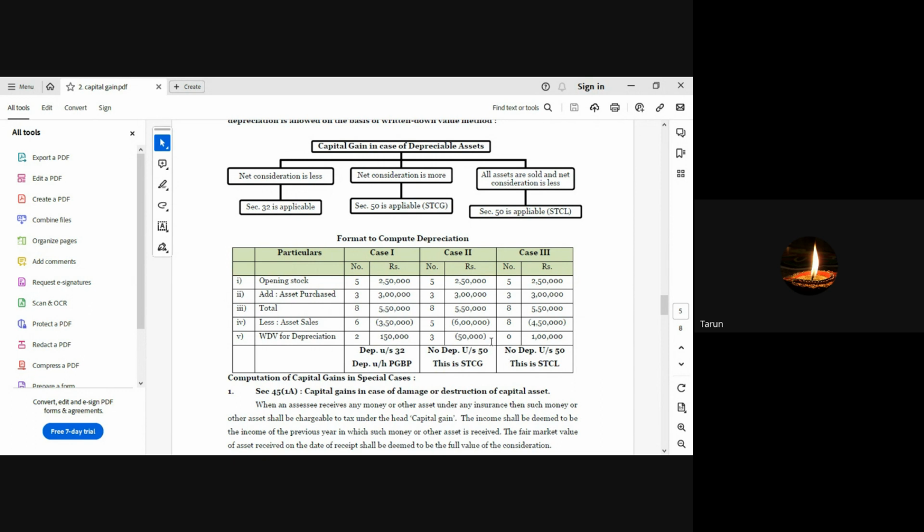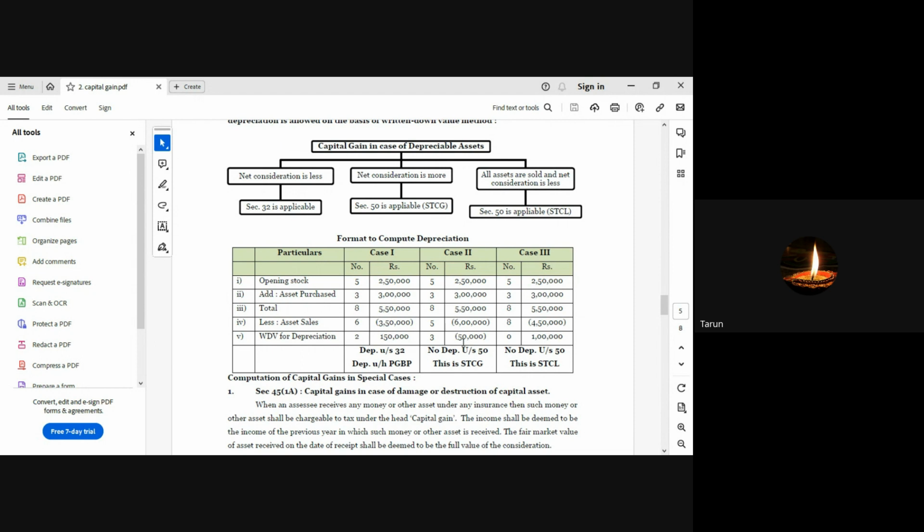So in case B, if you see the difference over here, when you get the written down value for depreciation in the negative value, you will get a negative value under WDV. It is termed as short term capital gain.